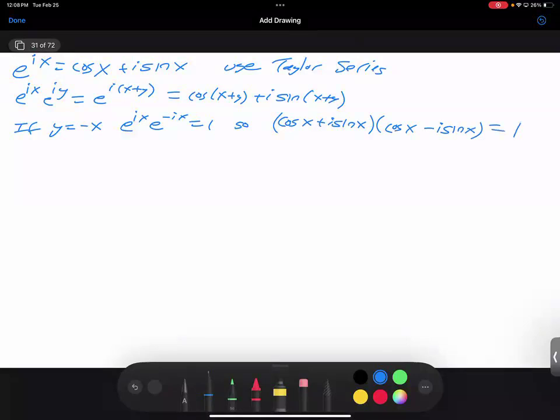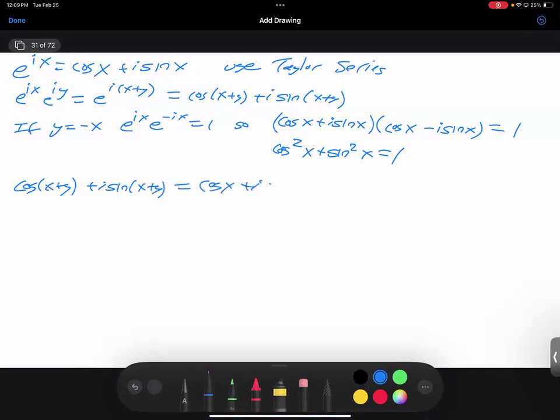And here I'm just using the fact that cosine of negative x is cosine x, cosine is an even function, sine of negative x is negative sine of x, sine is an odd function. You can see those clearly from the Taylor series. You can view this as, of course, cosine squared x plus sine squared x equals 1. There's Pythagoras.